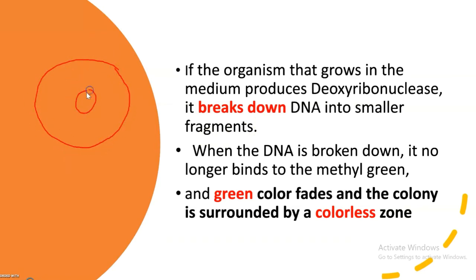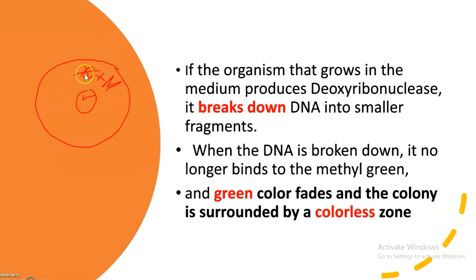If this bacteria has DNase enzyme and all over the plate in this agar the DNA plus methyl green complex is present, then the bacteria's DNase enzyme degrades the DNA into phosphate and nucleotide and utilizes it as a source of energy and carbon.